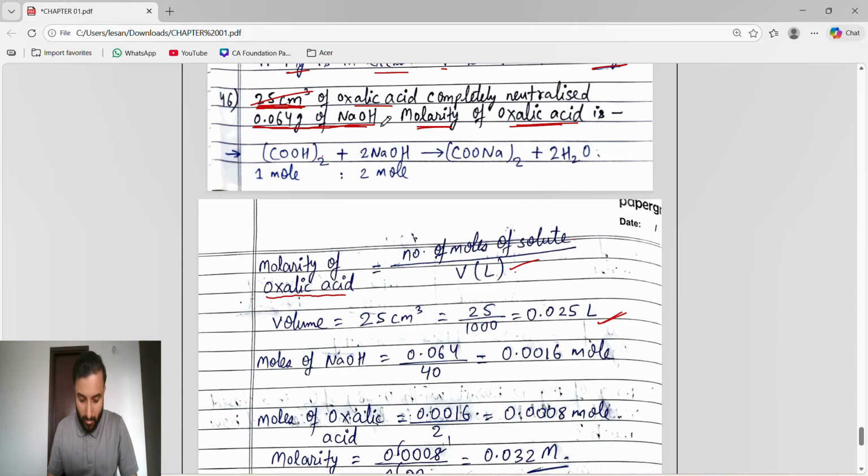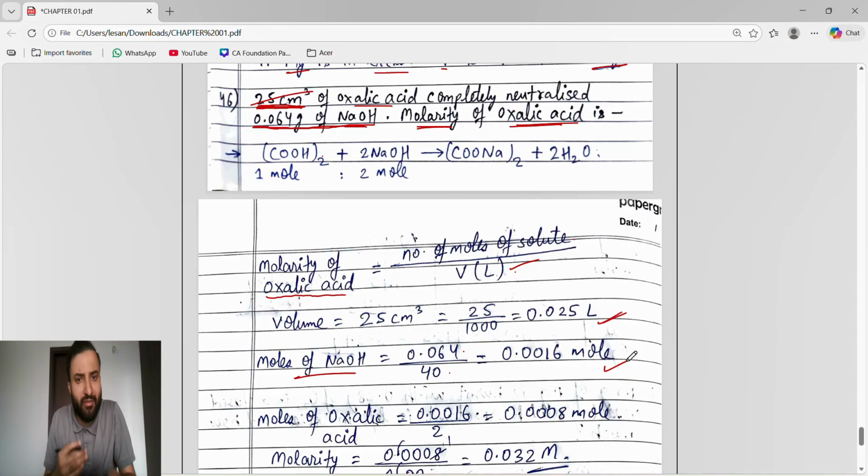Okay, so for finding the number of moles of oxalic acid, we see that the given mass of oxalic acid is not there. Only the given mass of NaOH is present. So what will we do? First of all, we will find the moles of NaOH, given mass by molar mass. NaOH molar mass is 40. So we will get the number of moles of NaOH.